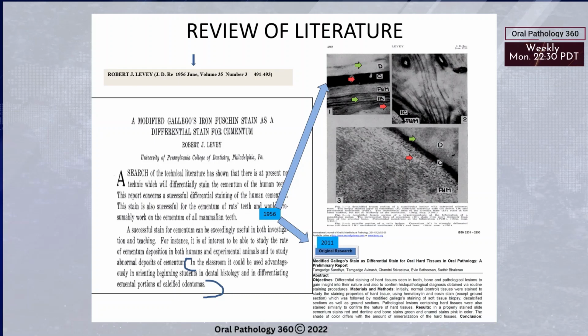And in those days colored photography was not available, so black and white images were there. And we published in 2011. So in 1956 they took this challenge to stain odontomas, and in 2011 we did the staining in tooth too.